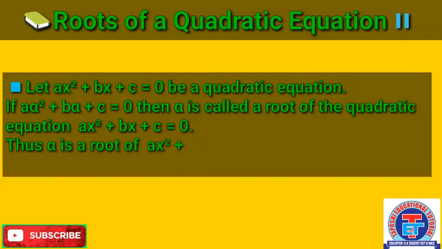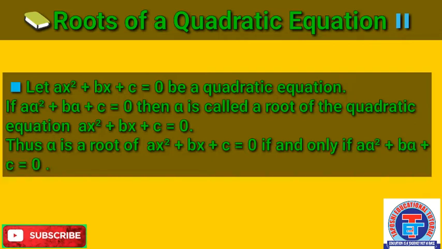If a alpha square plus b alpha plus c is equal to 0, then alpha is called a root of the quadratic equation ax square plus bx plus c is equal to 0. Thus, alpha is a root of ax square plus bx plus c is equal to 0 if and only if a alpha square plus b alpha plus c is equal to 0.